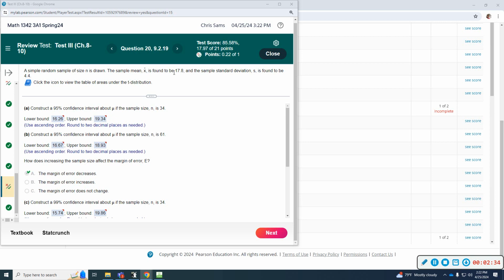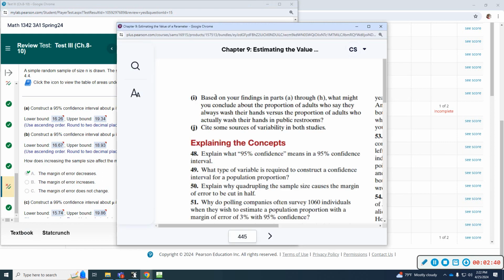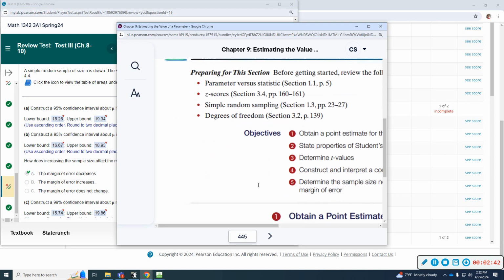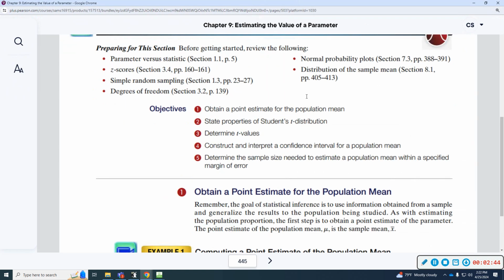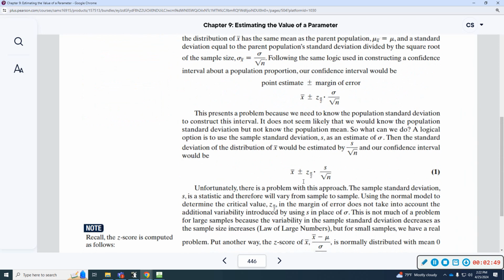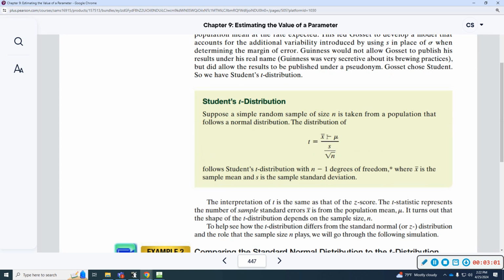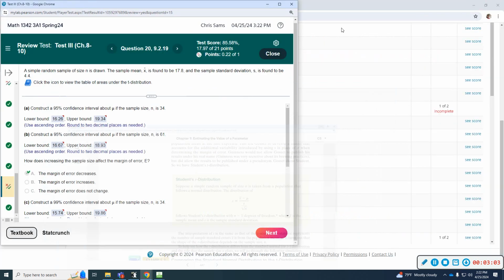T distribution, X bar, S, and square root of N. Let's look at the textbook, so we'll just confirm it. That normal should be sigma, S over square root of N, X minus mu. Yeah, so it should be S divided by square root of N to get our standard deviation. Yeah, okay, so that's what I thought we did.